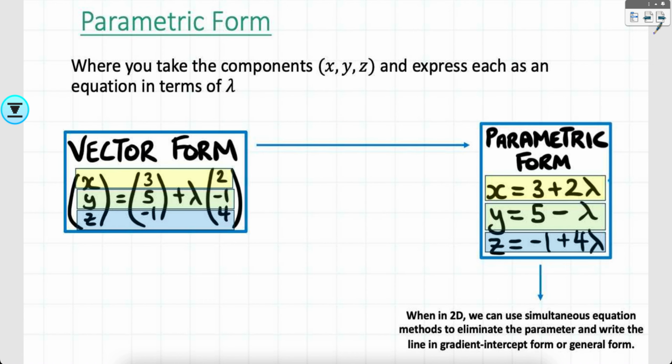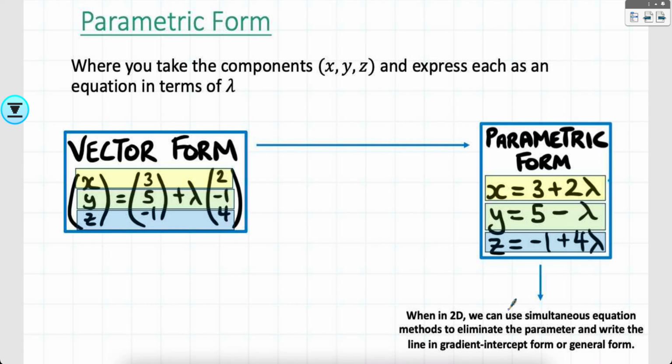So if I want to change to parametric form, if you notice the highlights here, you're actually just taking each row at a time, but making sure that you take the scalar here. So parametric form is you writing three different equations, one with respect to x, one with respect to y, and one with respect to z, and they're all in terms of lambda.